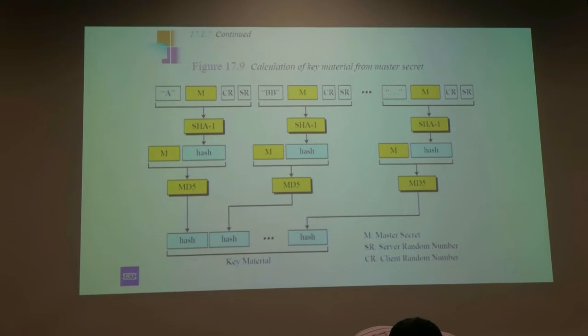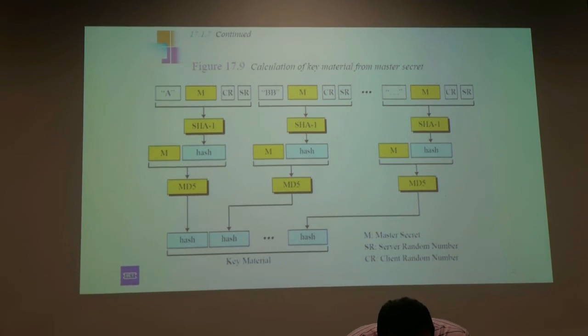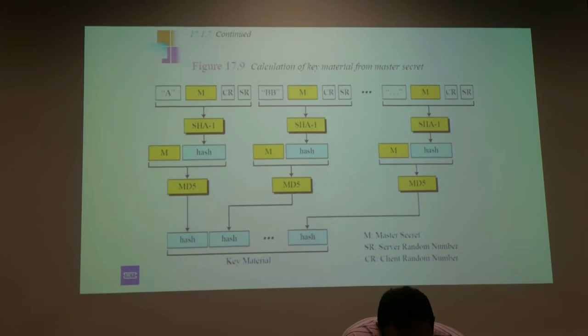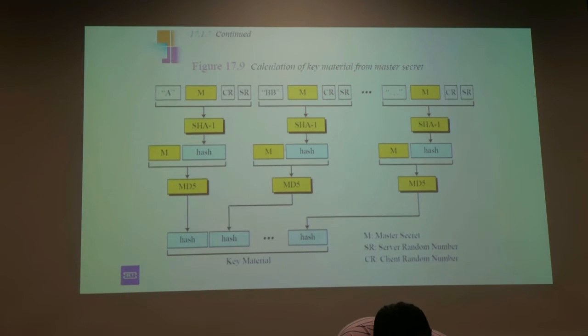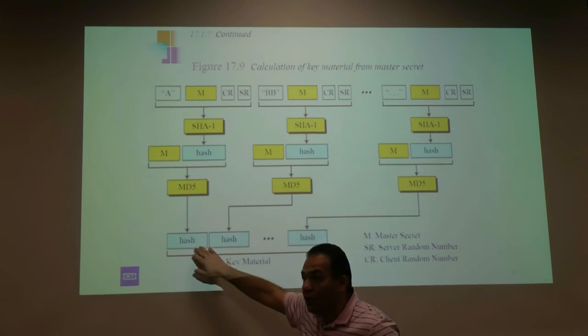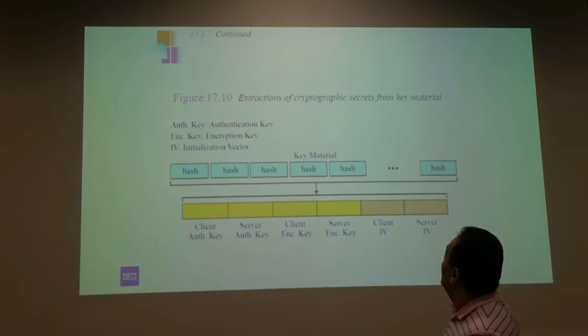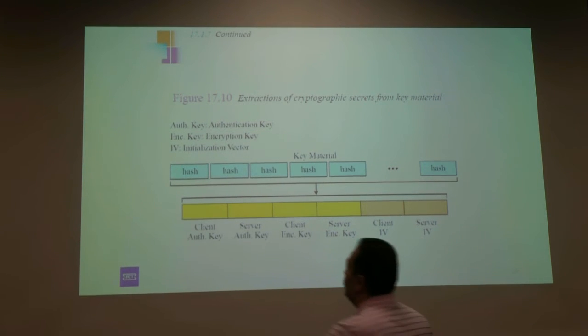Is it okay? So the length of the key material block depends on the Cipher suite selected and the size of the key needed for each suite. Right? Then after that we have 6 different keys extracted from the key material. Where's the key material? Here. We have to extract 6 keys from there. Alright? We have to extract what?